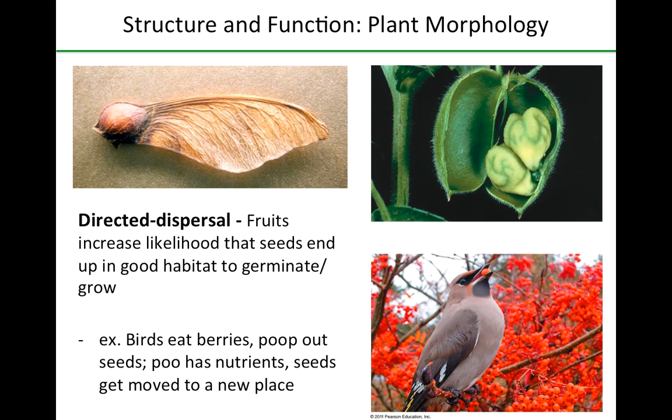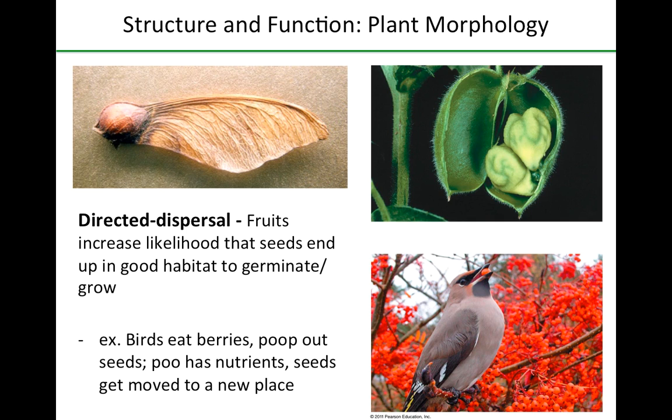And the ones that rely on animal dispersal, even when they're eaten, the seeds often have mechanisms that protect them from the digestive system of whatever animal is eating it. So when they get pooped out the other end, the poop that they're landing in often has nutrients that are good for the seed, and if the animal has moved very far between the time that it ate the seed and pooped, then the seed has been moved to a new place that's hopefully more favorable for growing.